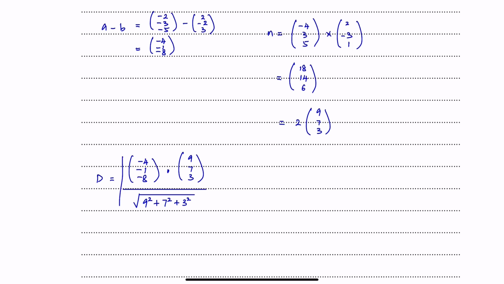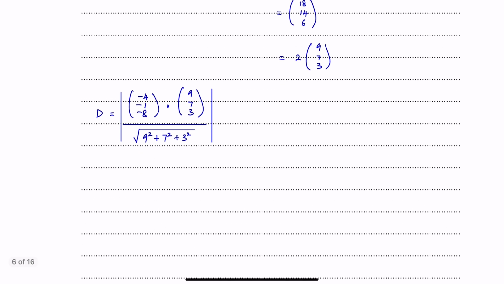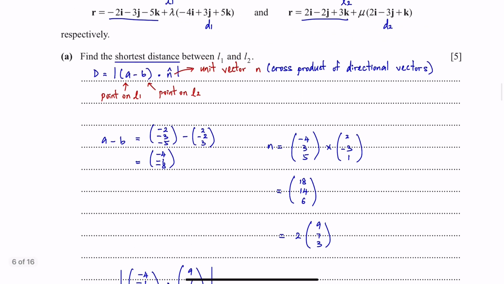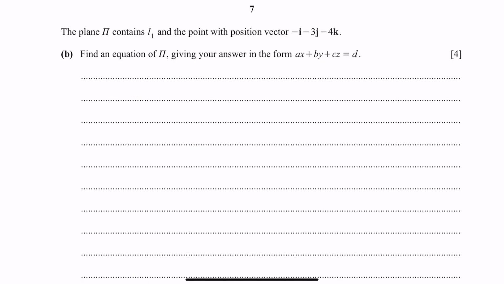Because it's distance, so we will find the modulus of the whole thing, just in case the answer that we found is negative. So 67 over 139 will be the answer for the shortest distance between L1 and L2.